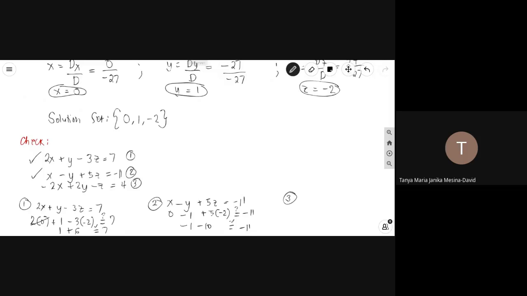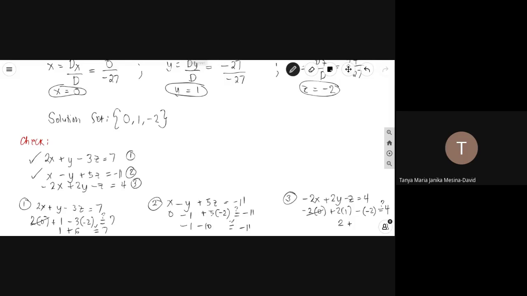And let's go to equation number 3. We have negative 2x plus 2y minus z equals 4. And will negative 2 times 0 plus 2 times 1 minus negative 2 be equal to 4? So this one cancels.